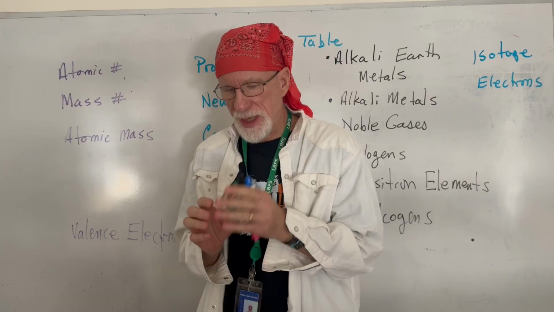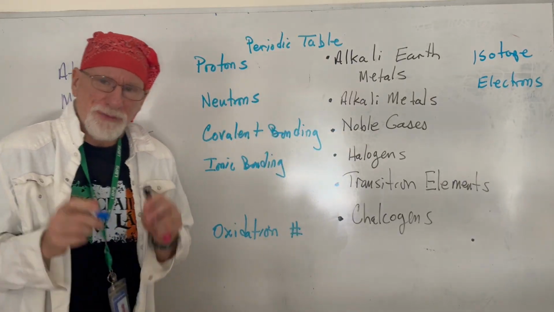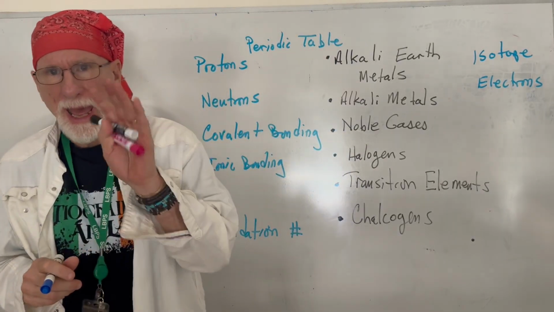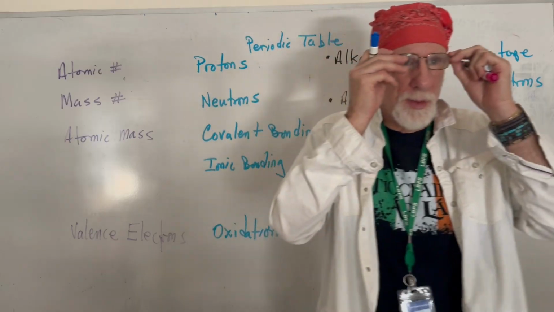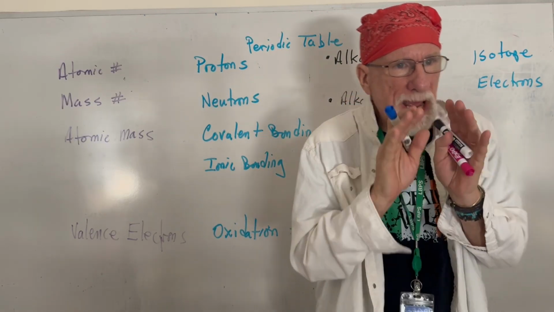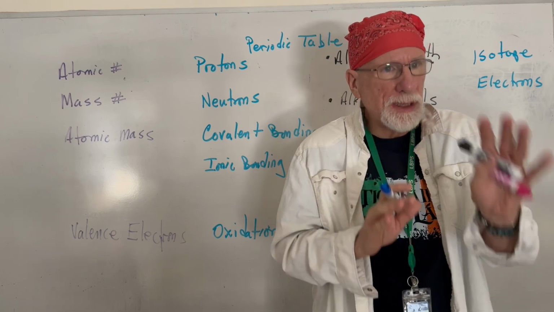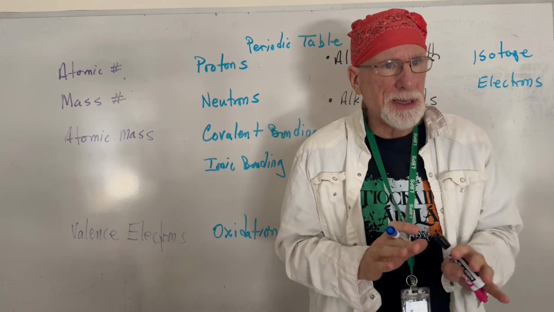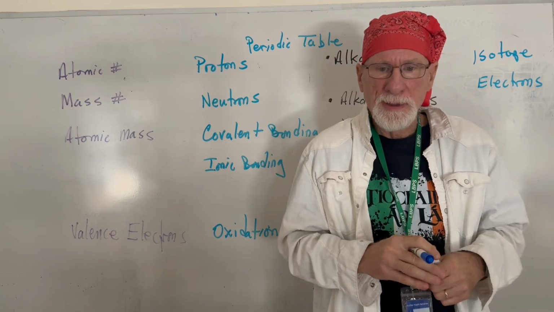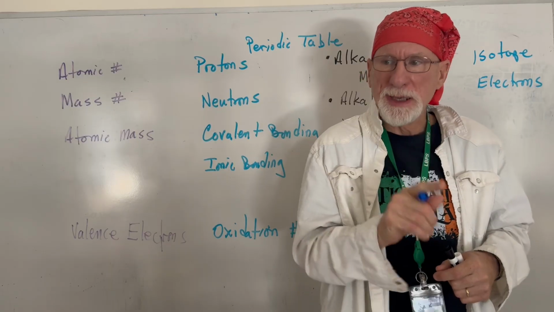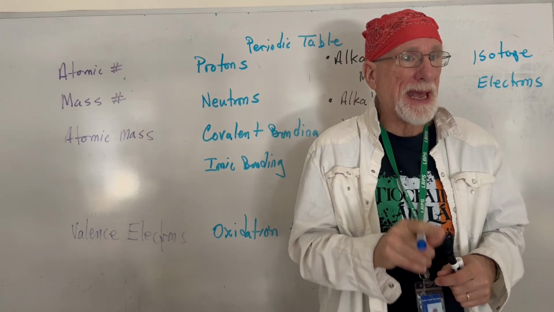Now, notice this, that every element has, is this true, by the way, Patrick? Does every element on the periodic table have its own individual unique atomic number? Yes, of course. Now, that atomic number defines the element as that element.